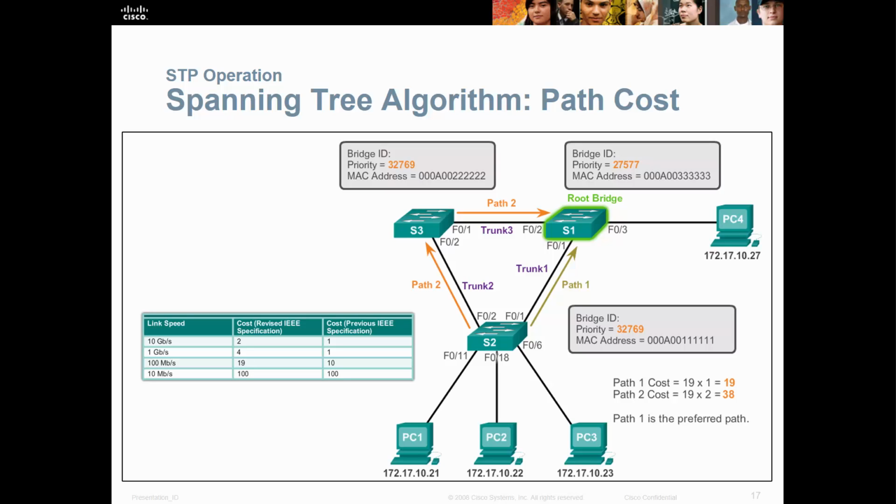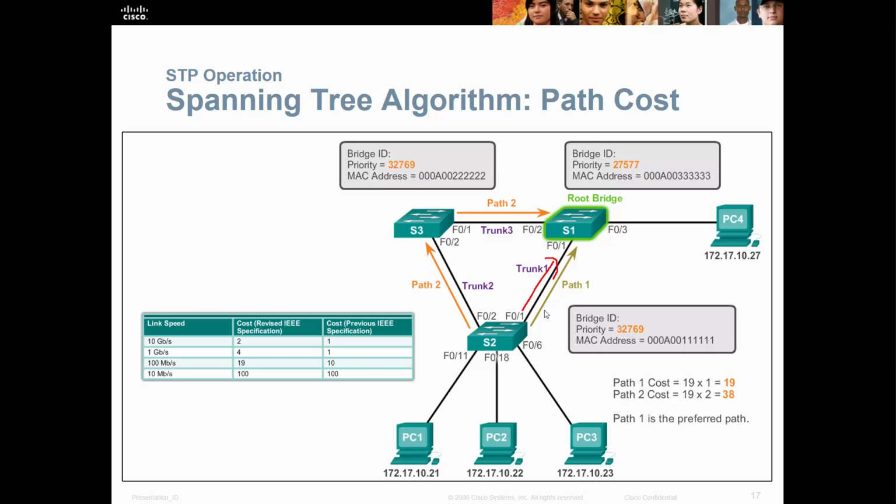For example, path 1 from switch 2 will be switch 2 to switch 1, out Fa0/1 to switch 1's Fa0/1. One link.